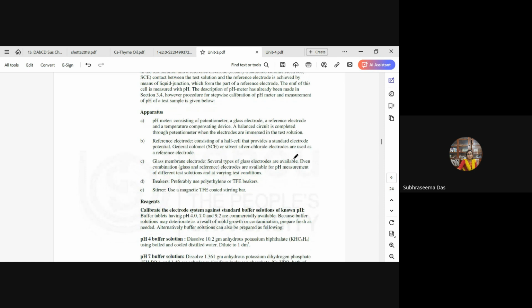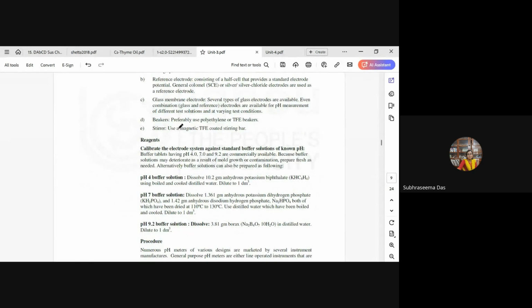Several glass membrane electrodes are available, and even combination glass electrodes are available in the market. Then we take a beaker to keep our test solution, and a stirrer.